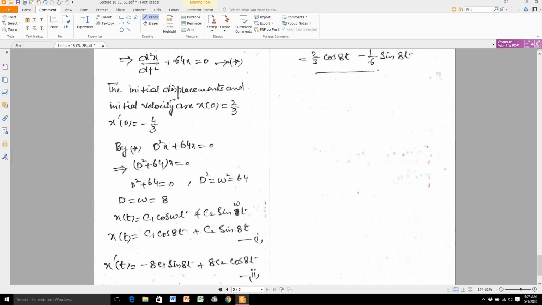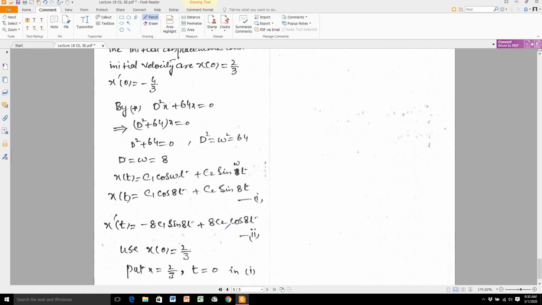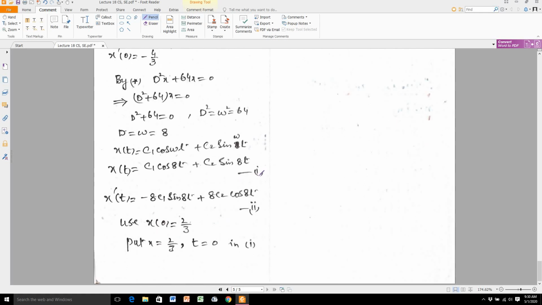If you want to do this in your natural way as you performed before, it is also equal. X of t is equal to c1 cos omega t plus c2 sin omega t, and what is the value of omega? That gives x of t is equal to c1 cos 8t plus c2 sin 8t. Now I'm saying this is equation number 1.